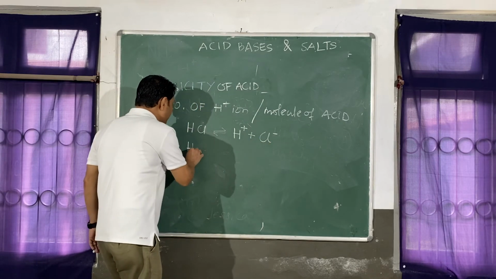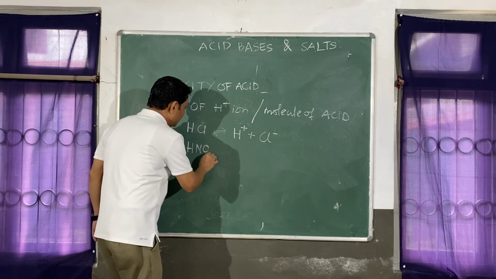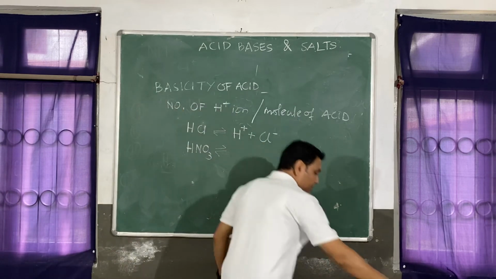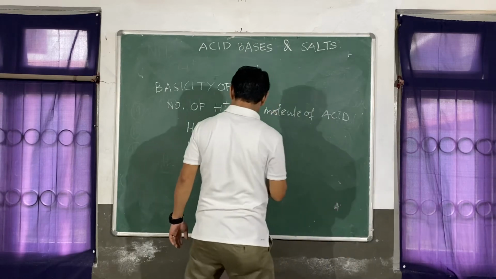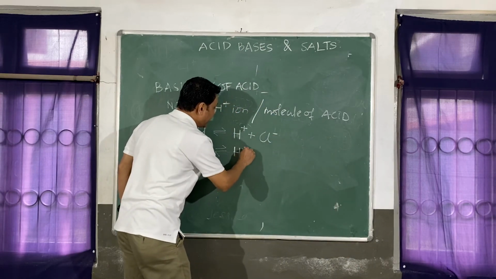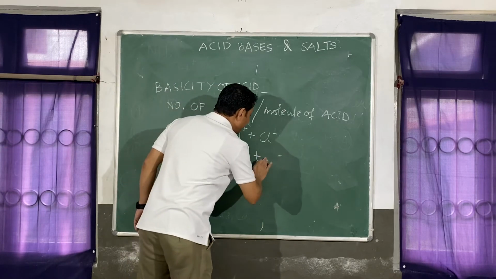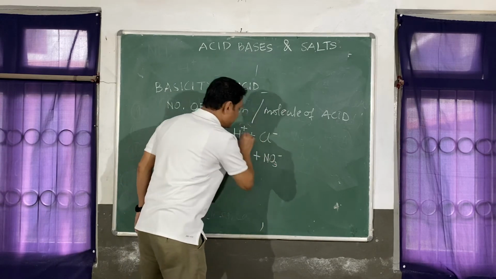Next, HNO3. Nitric acid dissociates to produce only 1 hydrogen ion per molecule of the acid, H plus and NO3 minus.